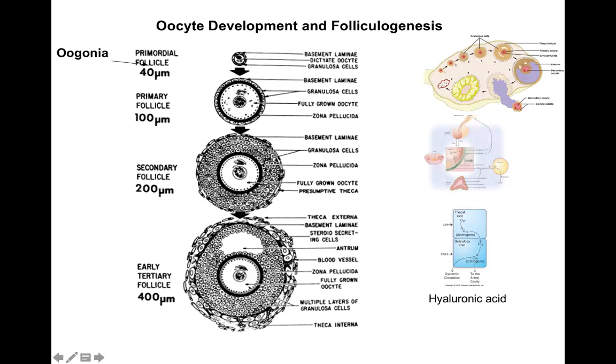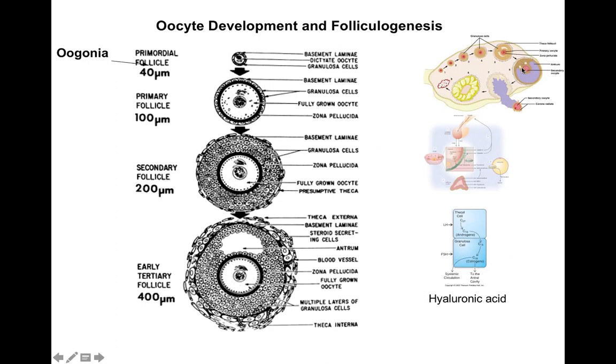At this point, when it is a Graafian follicle, it has completed its division and is ready for fertilization. So once this is ready, remember it is still trapped within the follicles. As you can see here, this is the ova, which is a mature ova at this time.